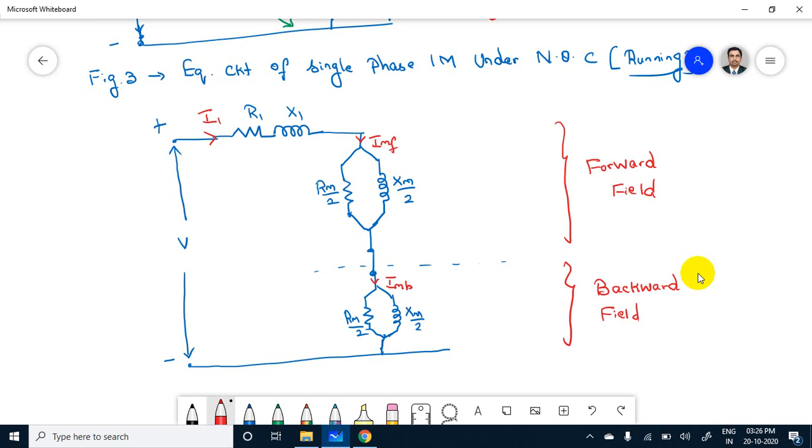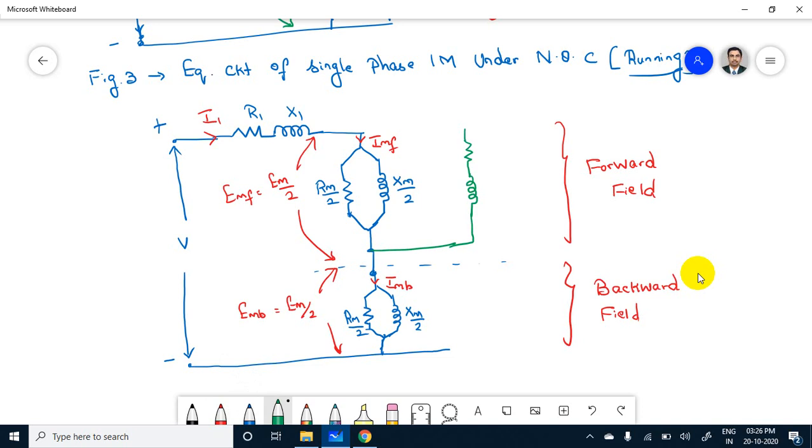Okay, and the EMF induced, EMF equal to EM by 2. Here EMB equal to EM by 2 in backward. And the load they are taking is resistive and inductive. Resistive and inductive.